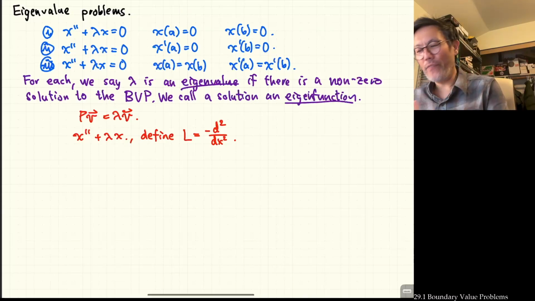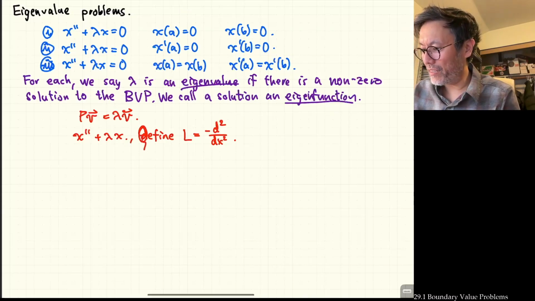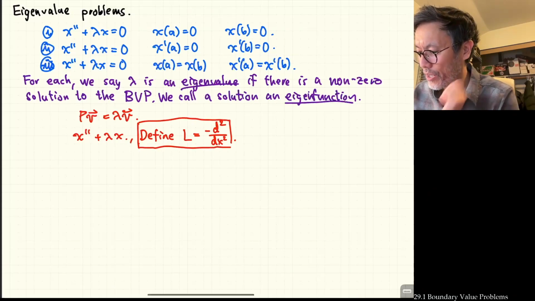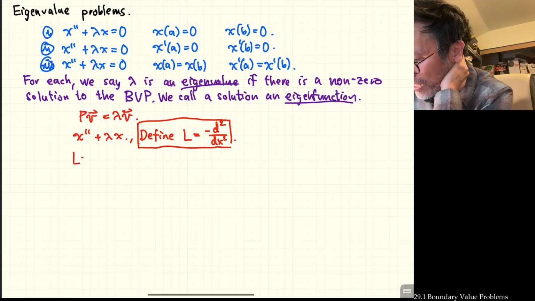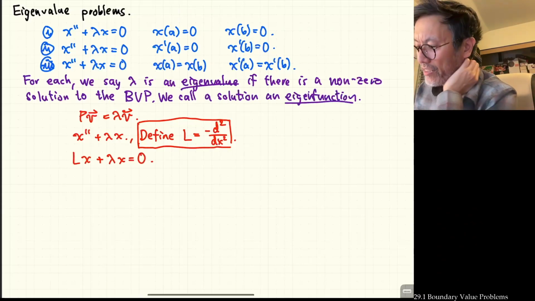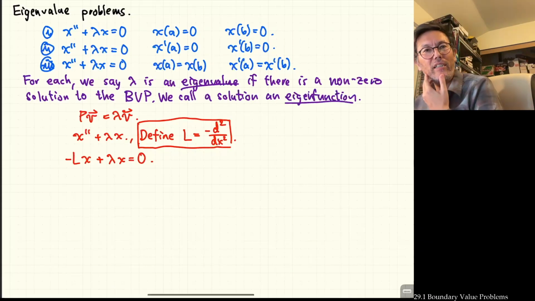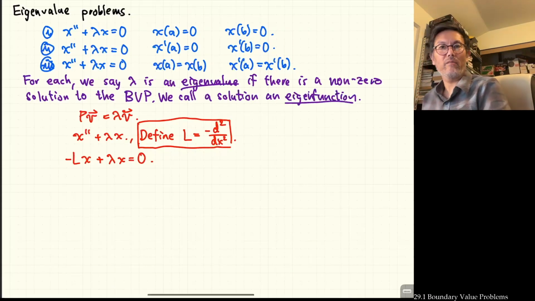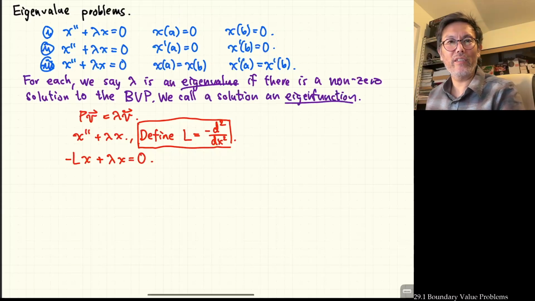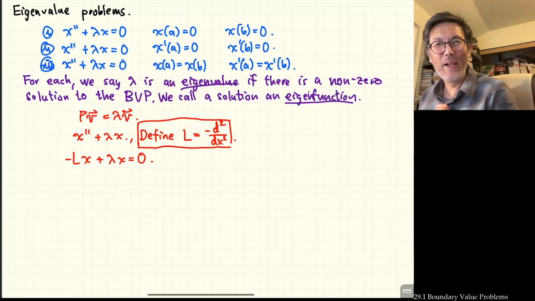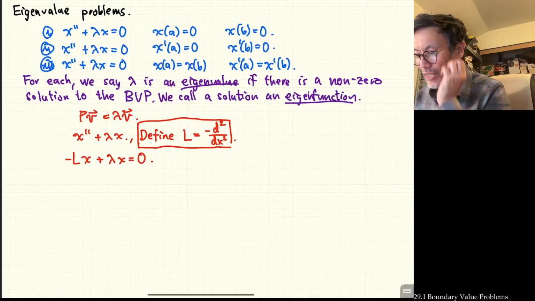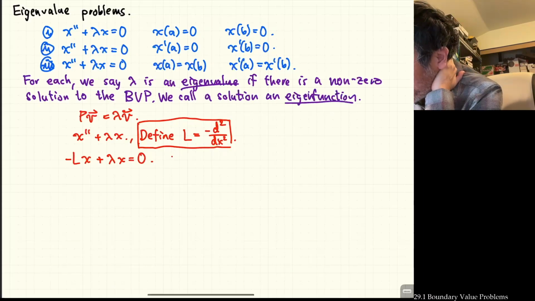If I define L to be this second derivative operator, then I can rewrite this differential equation as negative Lx plus lambda x equals 0, because I want to kill the negative sign that I put in the definition for L. This would be something like Lx equals lambda x.